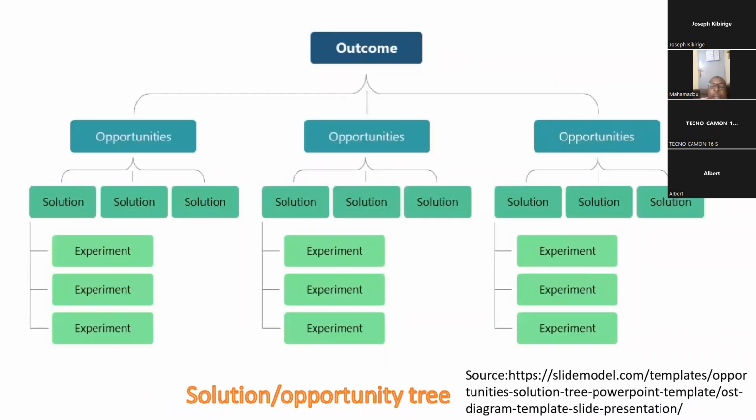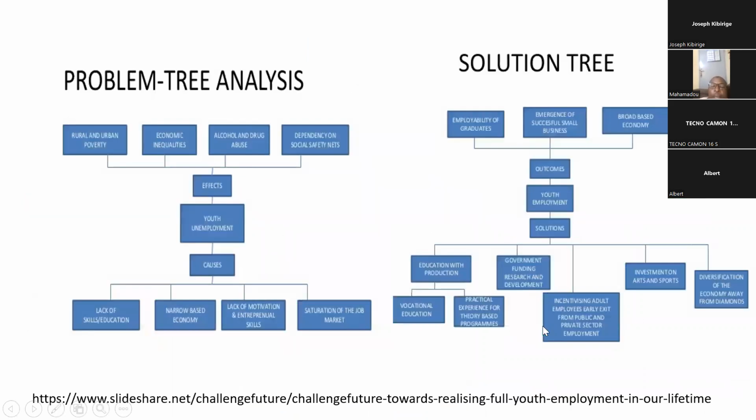And this is the solution opportunity tree. We said you think about the outcome, the opportunities, and then the interventions. And as far as interventions are concerned, you go as detailed as possible. And one thing which is important is to be able to put your problem tree beside your solution tree and see that you've actually been able to address the different components of the problem.